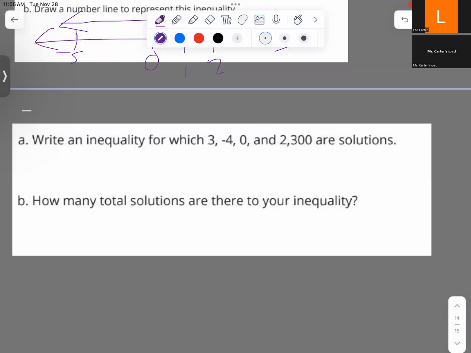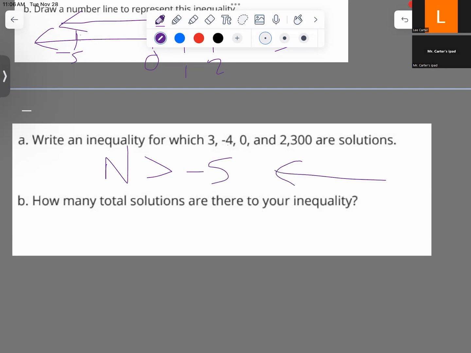All right. So we're supposed to write an inequality for which 3, negative 4, and 2,300 are solutions. So the point is that we just got to go to the right of something. Well, what do we have to go to the right of? Well, negative 4 is supposed to be included. So let's say negative 5 is not included. So our number is going to be greater than negative 5.